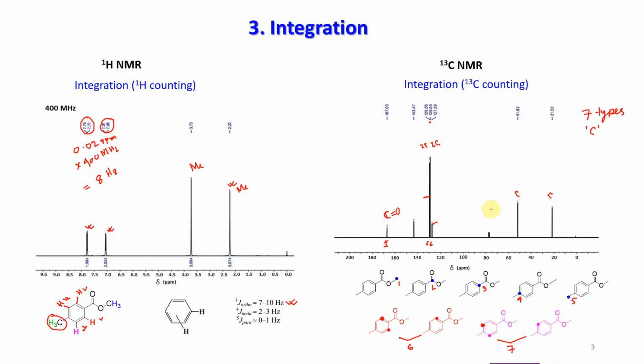So from this particular spectrum and the corresponding structure, what we find is that integration for 13C is not matching. So you cannot do integration. Now the question is, why can we not do integration? Who can tell?